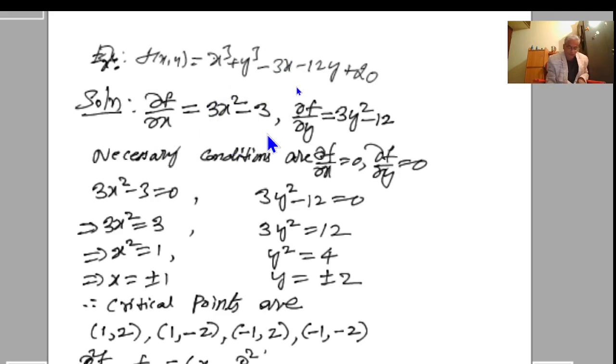And dou square f by dou y square, this is equal to f y y. Differentiating this with respect to y, we get 6y. And one more thing we have to find out, dou square f by dou x dou y, this is equal to f x y. So differentiating dou f by dou x with respect to y, we get f x y equal to 0, because there is no y term.